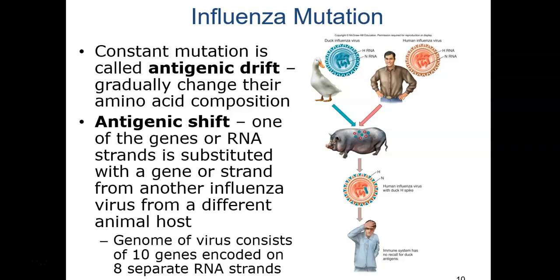Once this new hybrid virus emerges, it is now able to infect the human. This zoonotic virus then infects the human, and our immune system has not had any experience to be able to target and destroy it. So the symptoms are often much more severe.